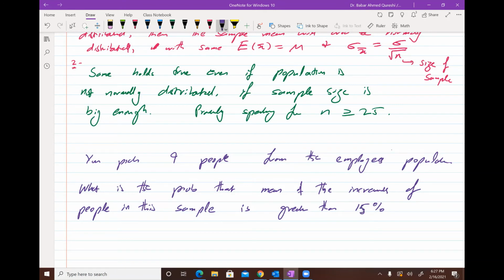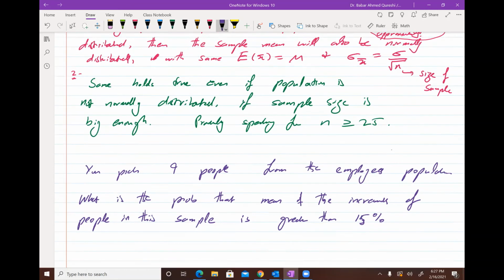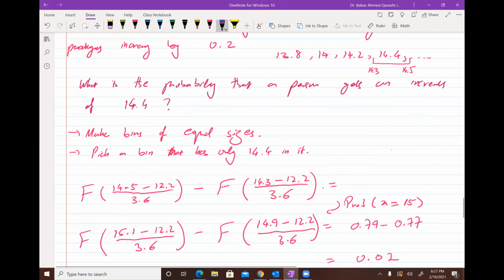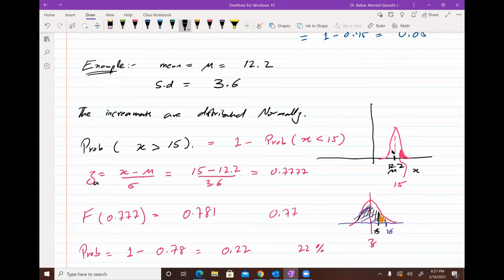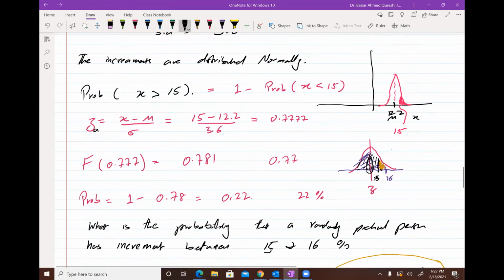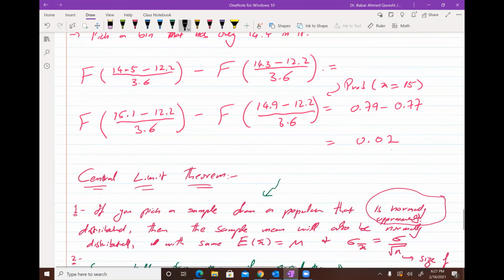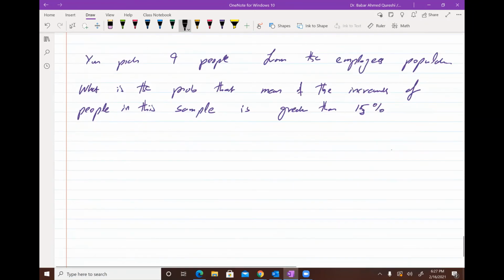Obviously, intuitively, you expect that it would be a much smaller probability because you would be picking people from anywhere in this distribution, some here, some here, some here. So the mean you will compute will tend to be more clustered around the central value.